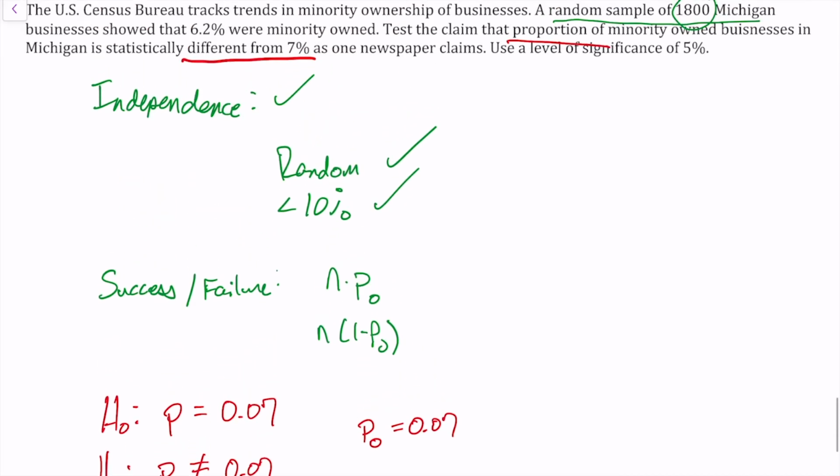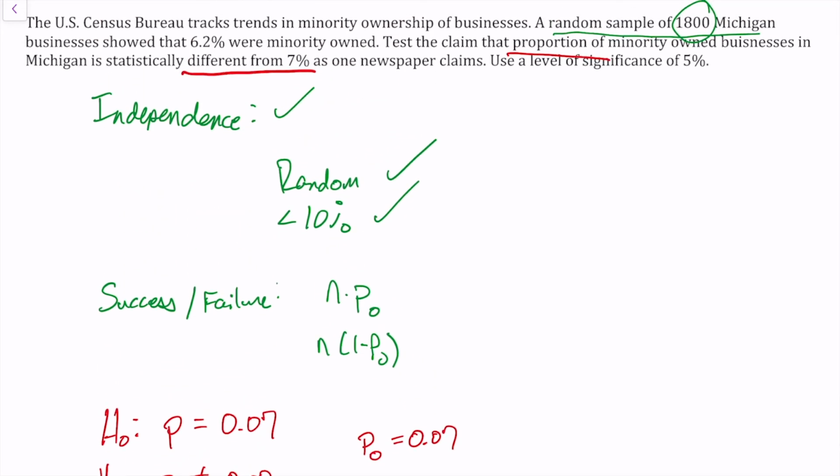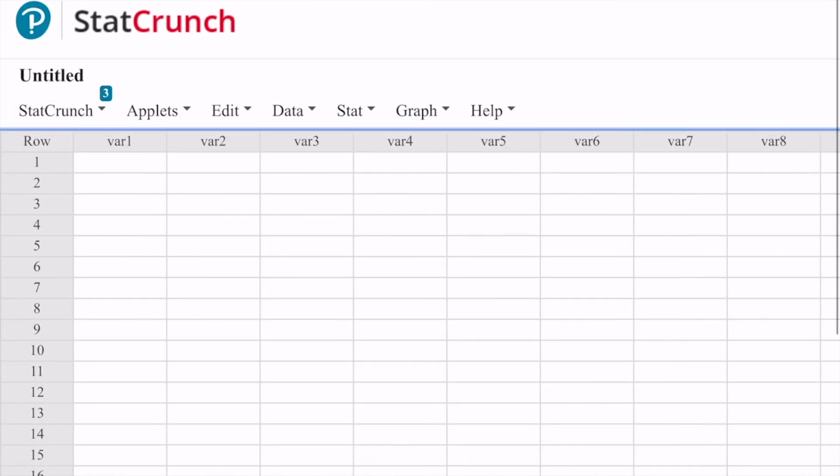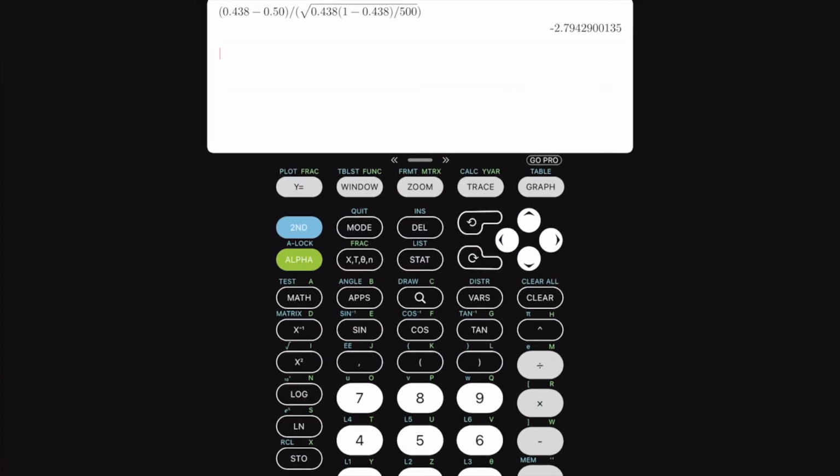So what we need to do is go back to our success and failure condition. We're going to take n, our sample size, which was 1,800, and multiply it by 7%, 0.07. 1,800 times 0.07, we get 126.